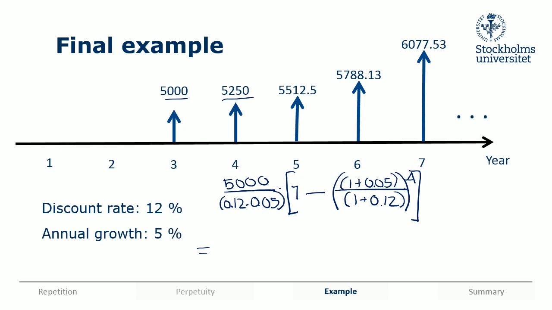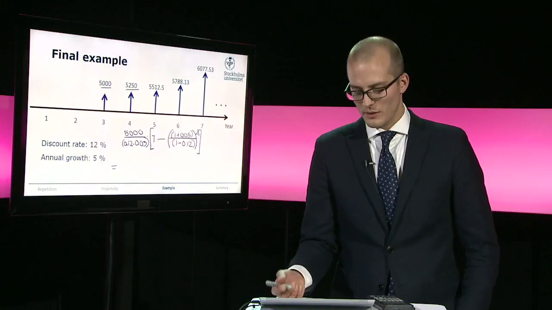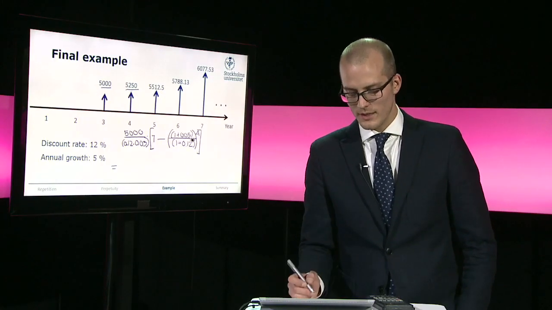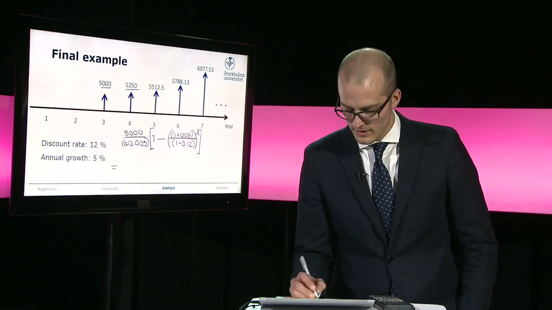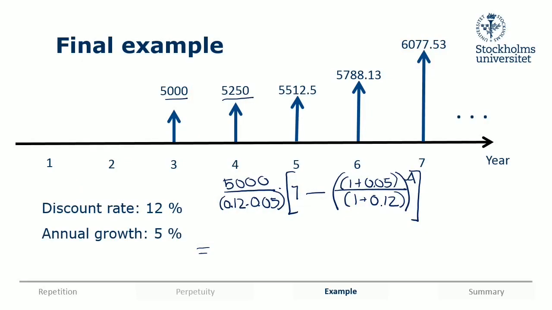Well, I will not go into detail about how you would actually do it mathematically, but we can reason, and we can say that 1 plus 0.05, 1.05, will be smaller than 1 plus 0.12, so smaller than 1.12.